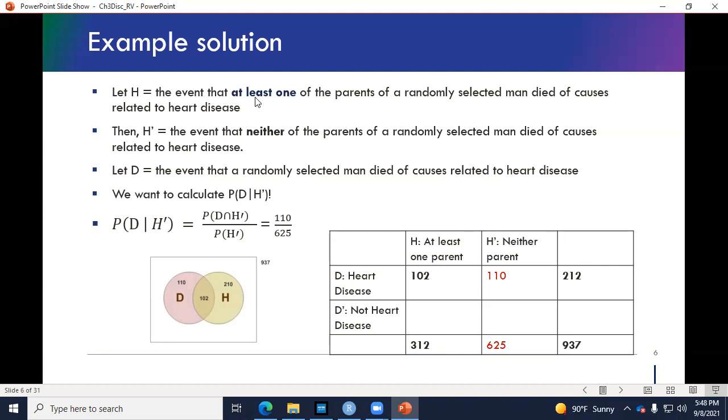At least one of the parents died of causes related to heart disease. And then the complement of H would be the event that neither of the parents of a randomly selected man died of causes related to heart disease. So this is one key point, that the opposite of at least one is none.